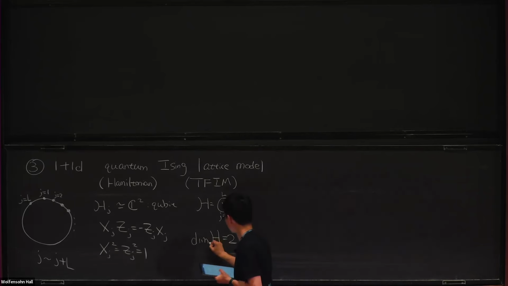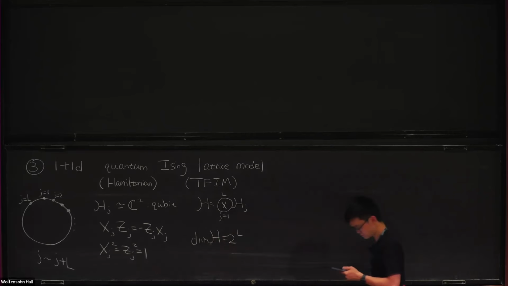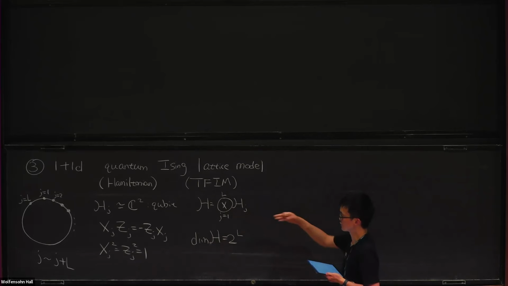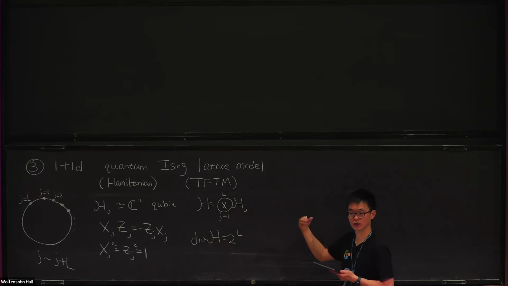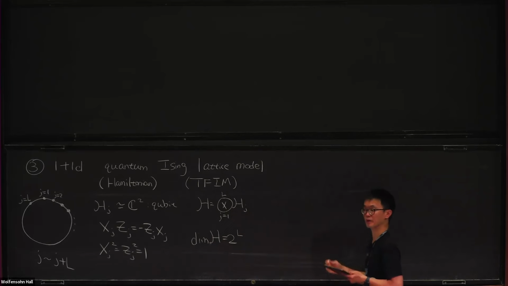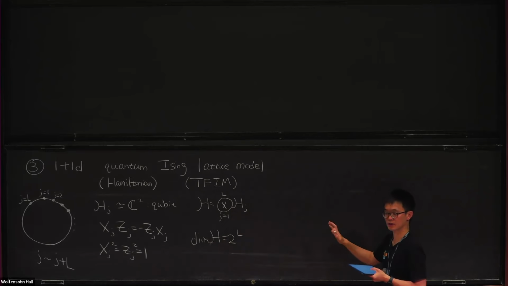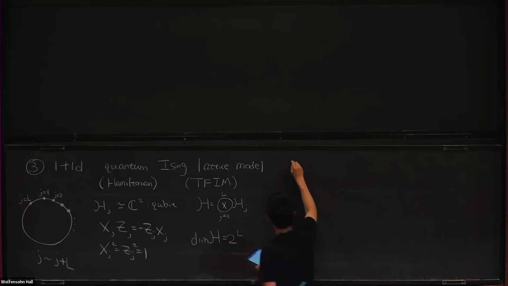Okay, so I haven't told you the Hamiltonian. The space is discrete. Later, I'm going to write down a Hamiltonian that describes the continuous time evolution. But before I talk about the Hamiltonian, let me first say what symmetries I want to impose. Of course, the defining symmetry of the Ising model is a Z2 global symmetry.